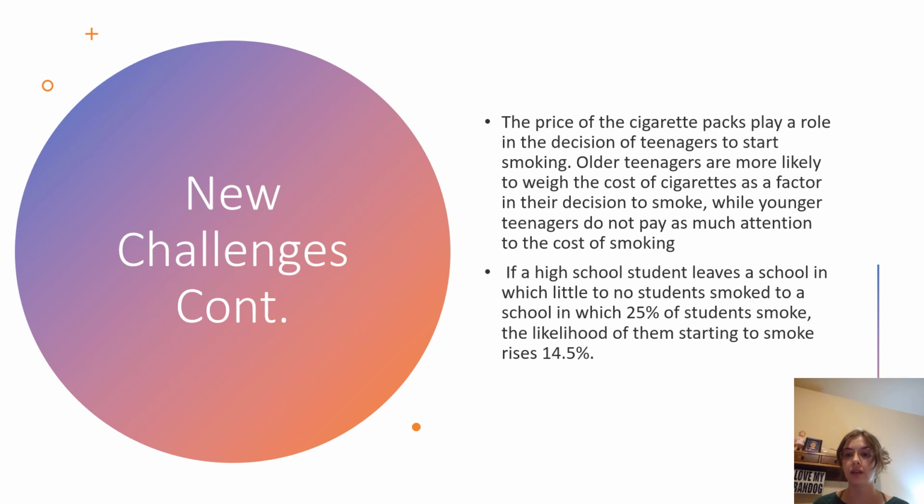The price of cigarettes also plays an important role in the decision of whether or not to start smoking. Older teenagers, 17, 18, 19, are much more likely to consider what the price of cigarettes would be. So if they're starting to save up for a car or going to college or whatever, they're going to look at the price of smoking.